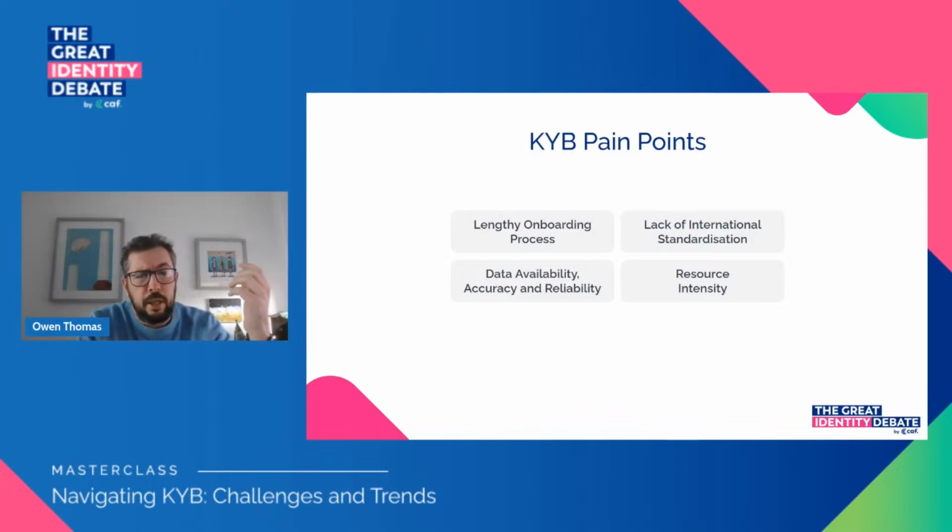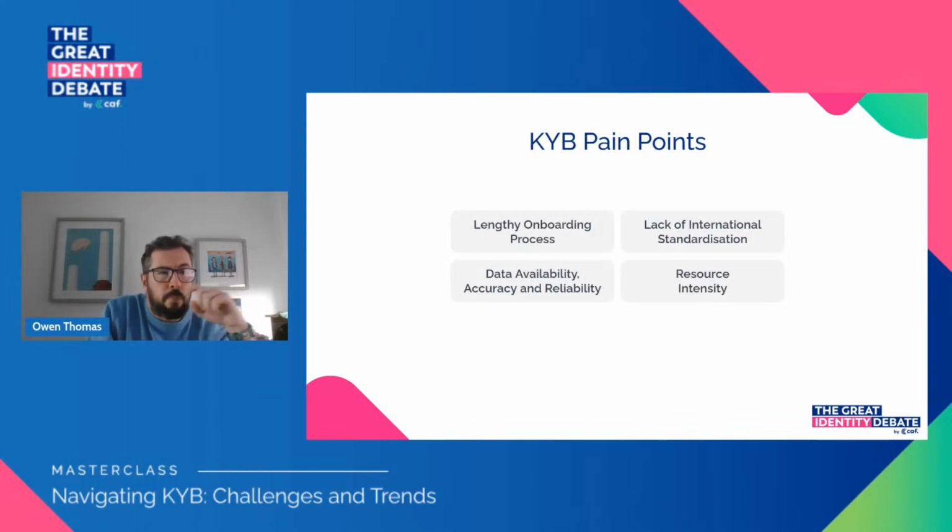Ensuring the quality and consistency of data across various sources and jurisdictions can be challenging. Businesses change over time: names change, changes in ownership, changes at board level, new accounts being filed. So maintaining accurate and up-to-date records manually is incredibly resource intensive.